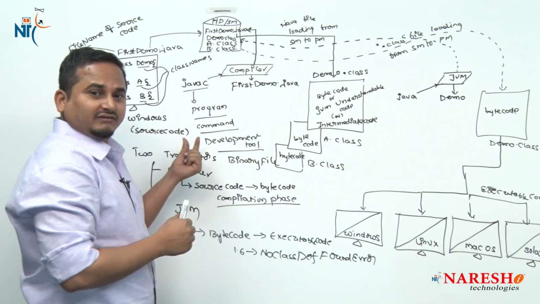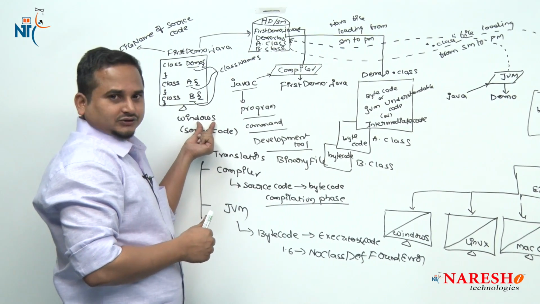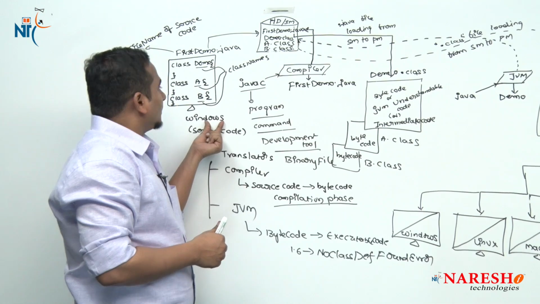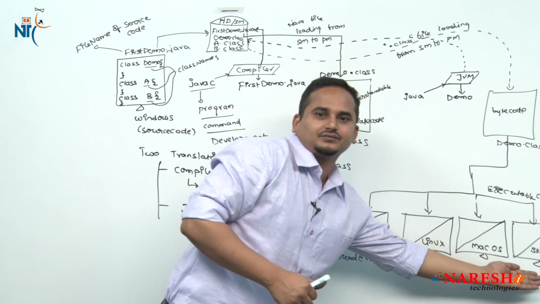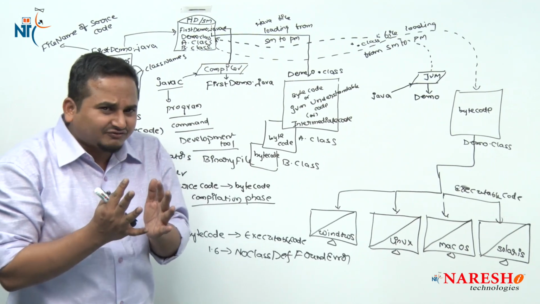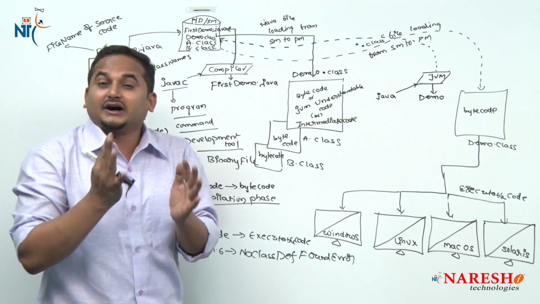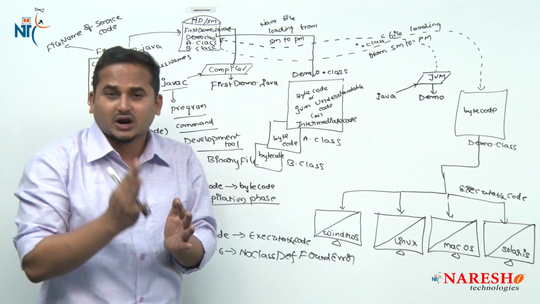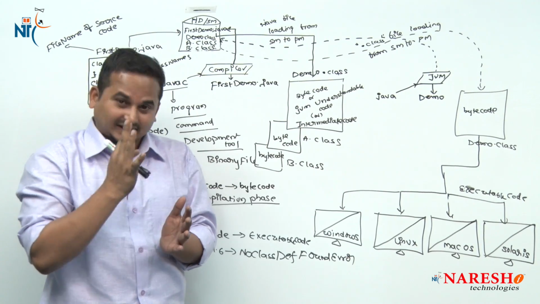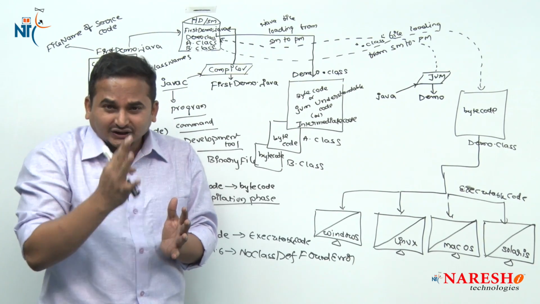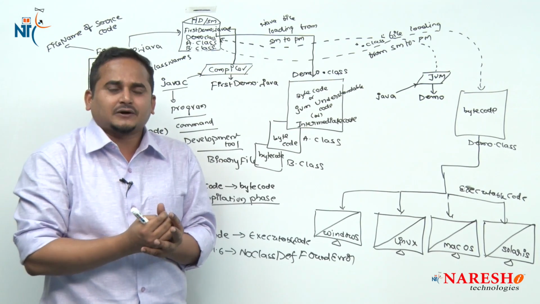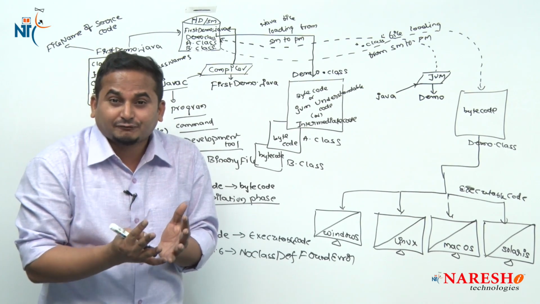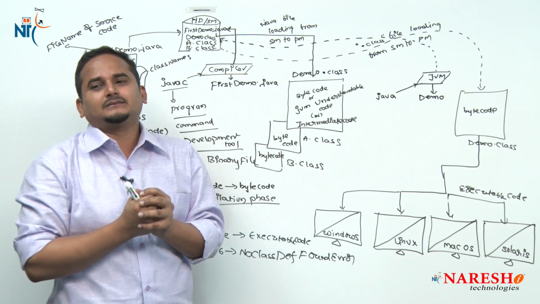Assume I am developing source code under Windows. The same source code finally executes under all operating systems. So what is the meaning of platform independency? Developing one application under one operating system, compiling it, and executing the same .class file within different operating systems, we can call platform independency.